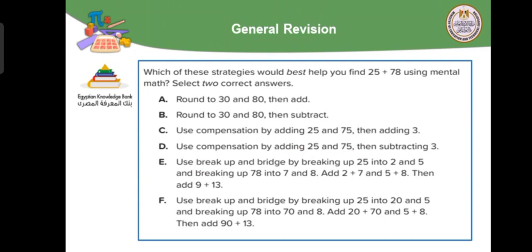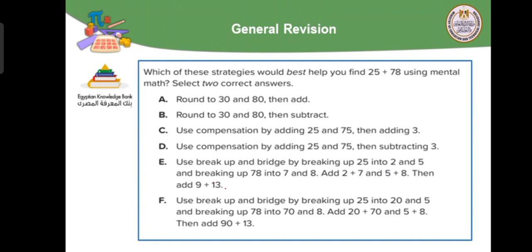Use breakup and bridge by breaking up 25 into 2 and 5, breaking up 78 into 7 and 8, add 2 plus 7 and 5 plus 8, then add 9 plus 13. Is it right?